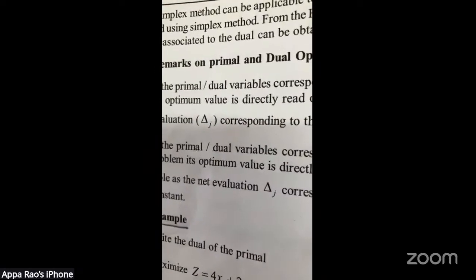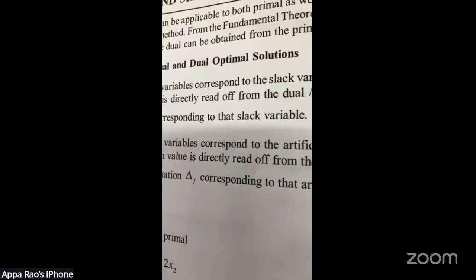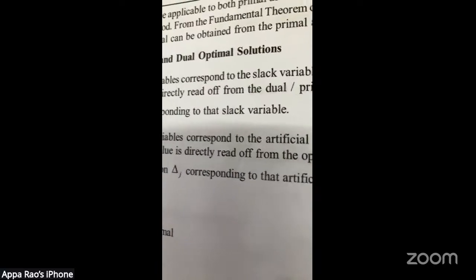Remarks on primal and dual optimum solutions.